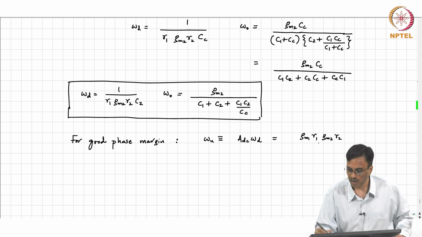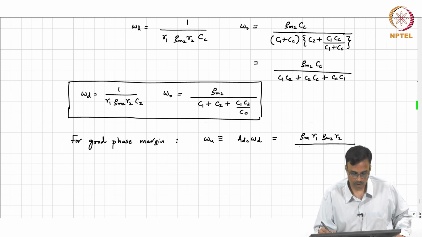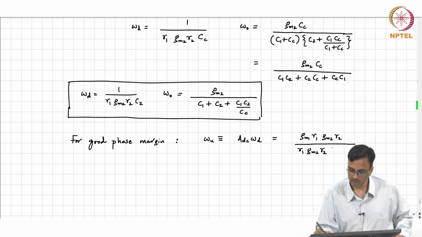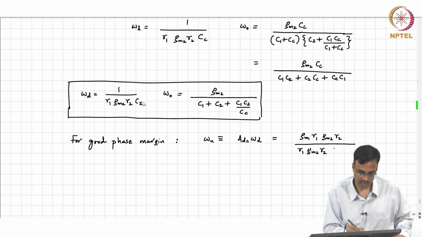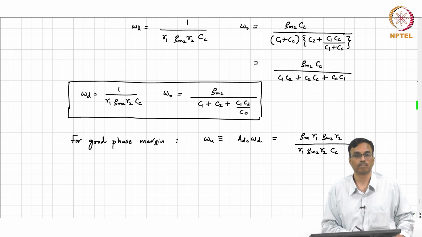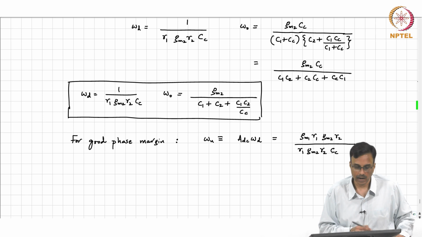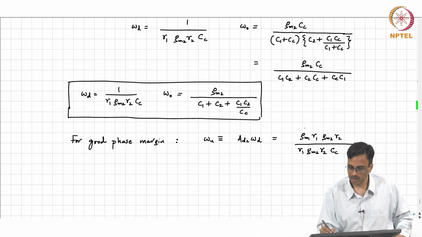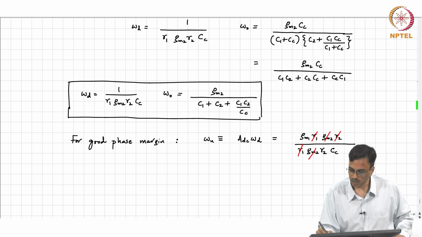Gm2 R2 over R1 Gm2 R2, sorry, Cc, this must be Cc. Okay. And therefore, what comment can we make? The R1 goes away, Gm2 goes away, R2 goes away.